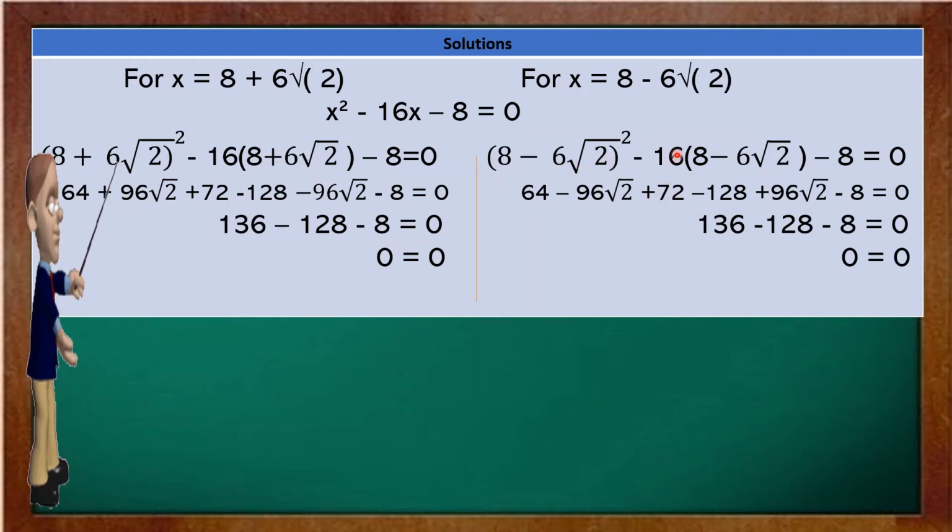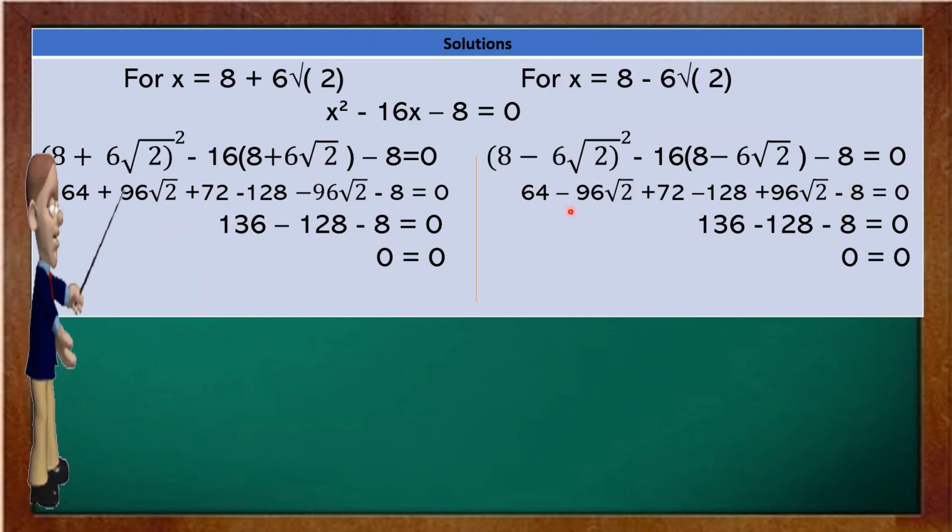Then distribute this. Negative 16 times positive 8 is negative 128. Negative 16 times negative 6 is positive 96 square root of 2. Then bring down negative 8 equals 0. Then 64 plus 72 is 136. Minus 128 minus 8.